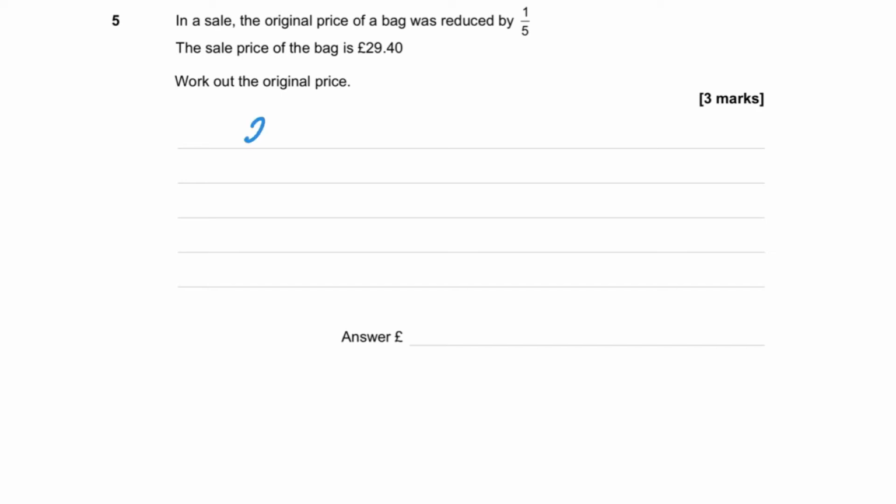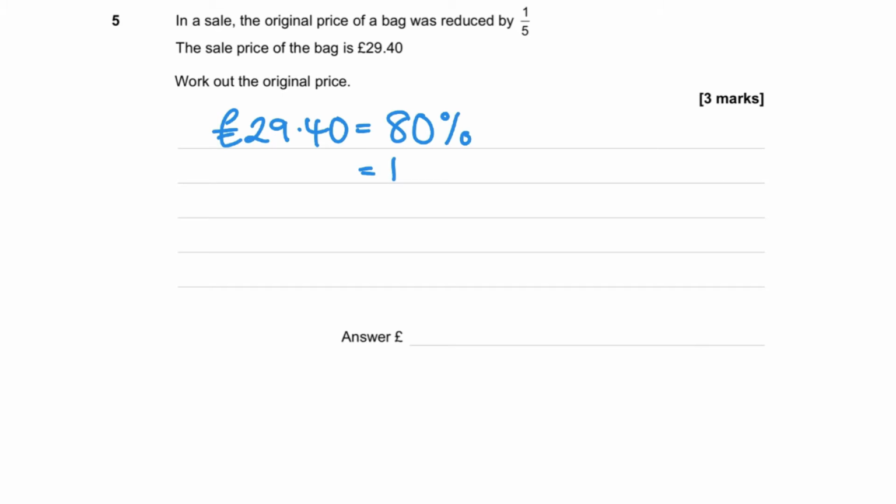So our £29.40 here is equal to 80% of the bag's price because it's been reduced by a fifth or 20%. So to find out what 1% of the bag's price is, we need to divide it by 80 and then times by 100 to find out what 100% or the whole number was before.